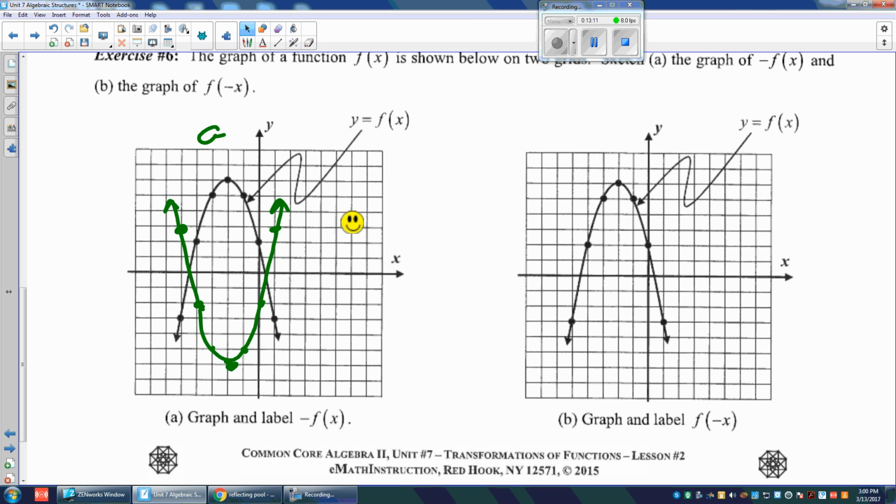Reflected across the y-axis. The point on the y-axis stays on the y-axis. The point 1 on the left goes to 1 on the right. The point 2 on the left goes 2 to the right. The point 4 goes 4. The point 1 to the right goes 1 to the left.